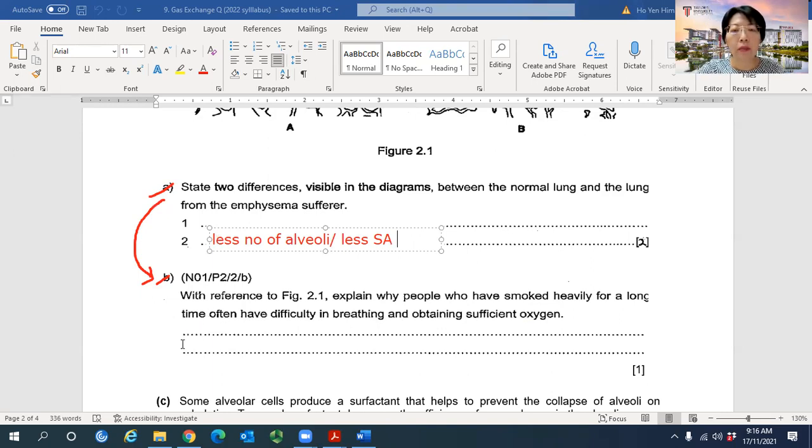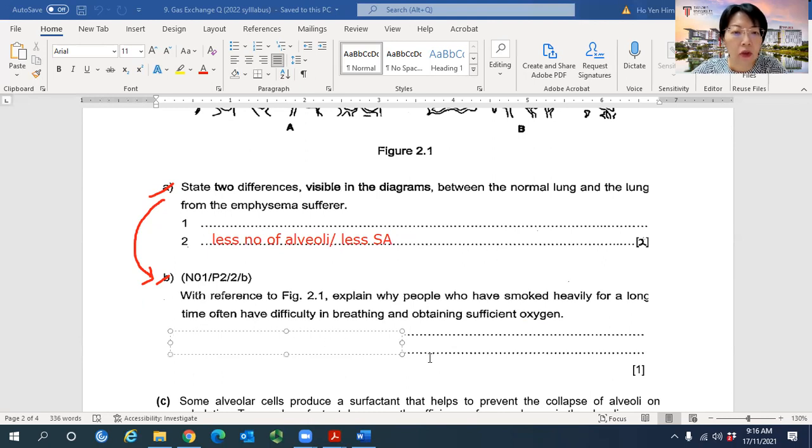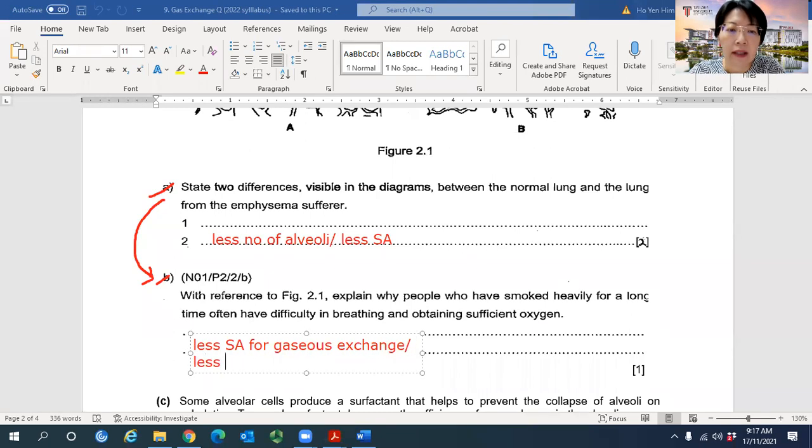So why is it that this person cannot get sufficient oxygen? It's because there is less, so your answer will be either less surface area for gaseous exchange, or you can say that there are fewer alveoli for gaseous exchange.